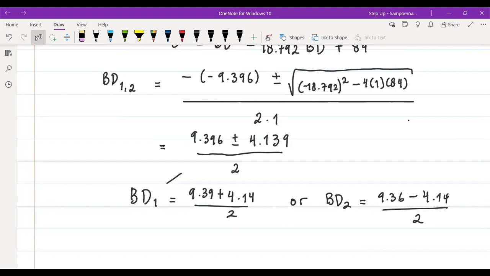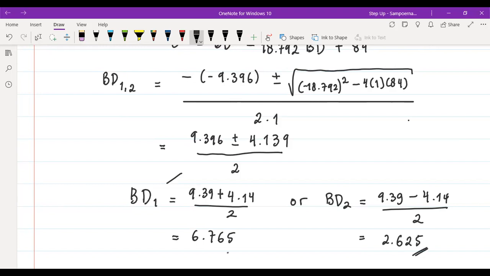So the first is 6.765, or the second, 9.39 minus 4.14 divided by 2, can also be 2.625.